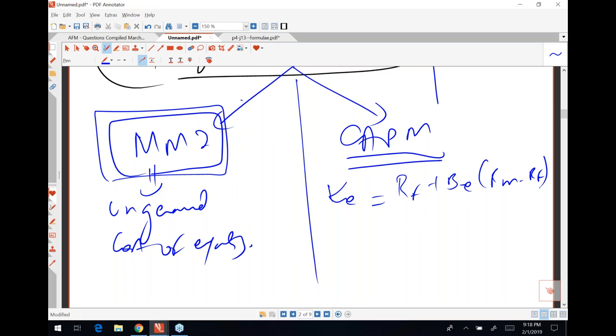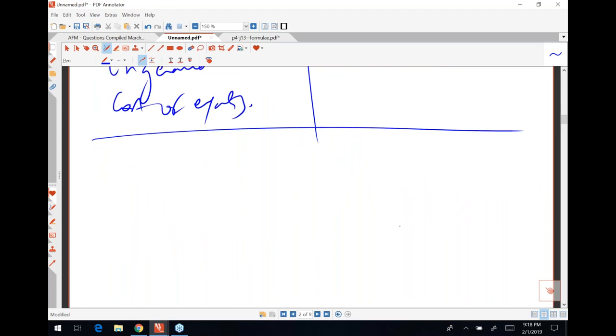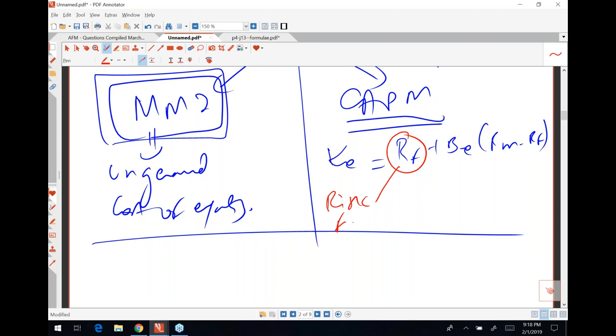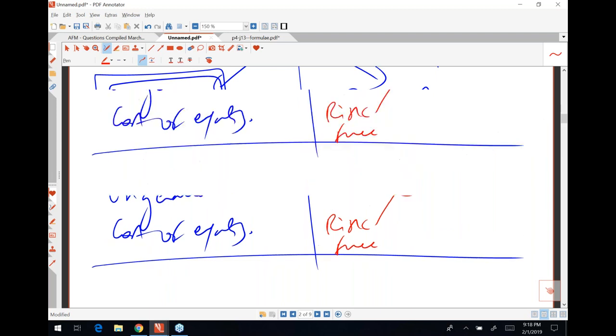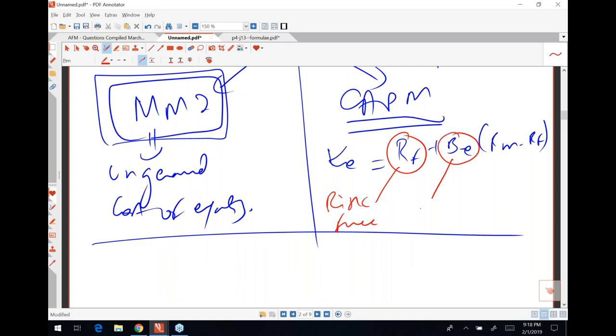Now let's discuss. When we talk about the capital asset pricing model, Rf is the risk-free rate of return. The equity beta, βe, is actually the risk coefficient.